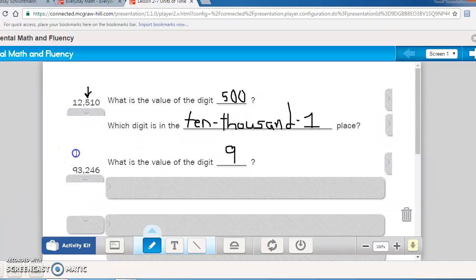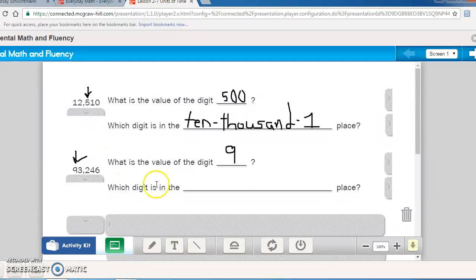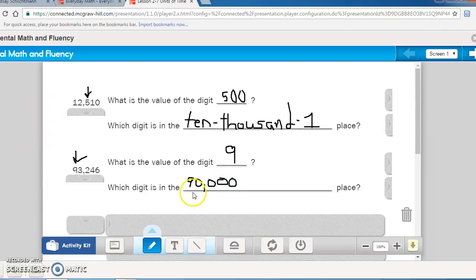So what's the value of this digit? So the value of it is 90,000. Again, which digit is in the 10,000s place? The 9. So again, the word's 10,000. So 10,000 times 9 is its value, 90,000.